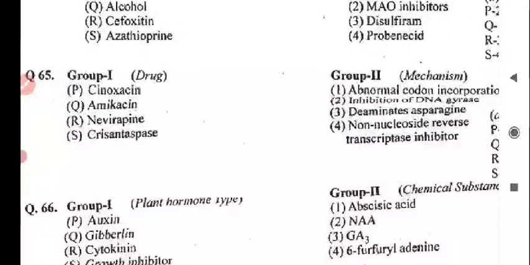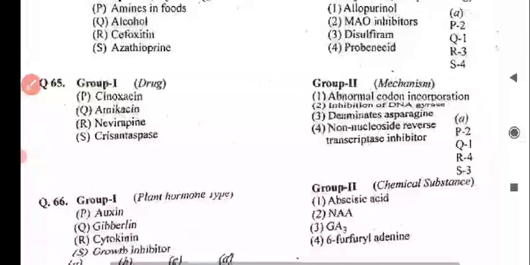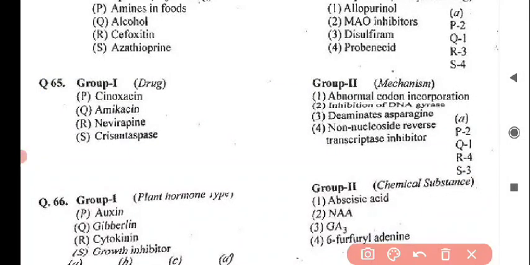So moving to the next question. In this question, column 1 contains the drug and column 2 contains the mechanism. For the first option, that is sinoxastatine, the correct answer is option number 2, that is inhibition of DNA gyrase. For amikacin, the correct answer is option number 1, that is abnormal codon incorporation.